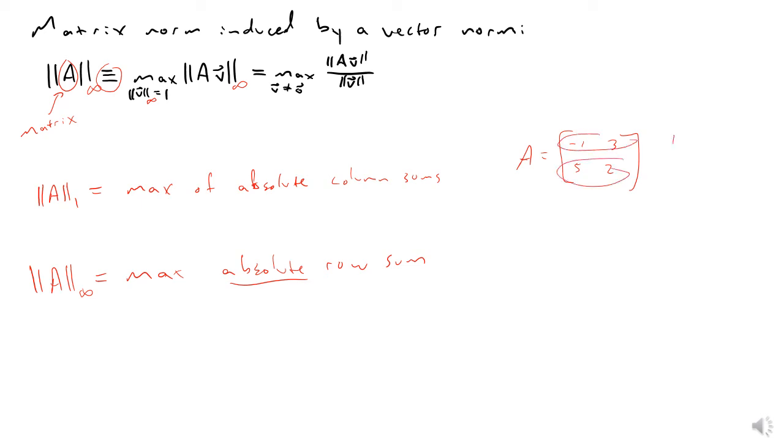So I do absolute value of -1 plus absolute value of 3 is 4, and then absolute value of 5 plus absolute value of 2 is 7. The max of those row sums is your infinity norm. So in this case, the norm of this matrix A, if we're using this infinity norm, we would say is 7.